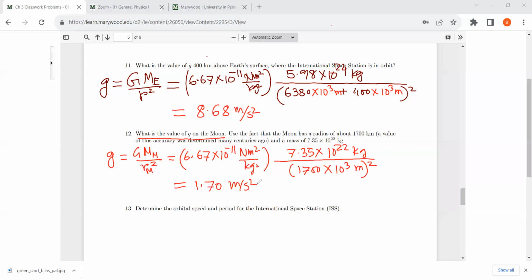The acceleration due to gravity on the surface of the moon is 1.60 meter per second square. It's about 6 times smaller than Earth's gravity.